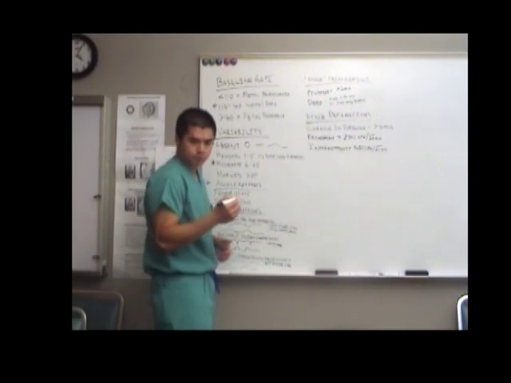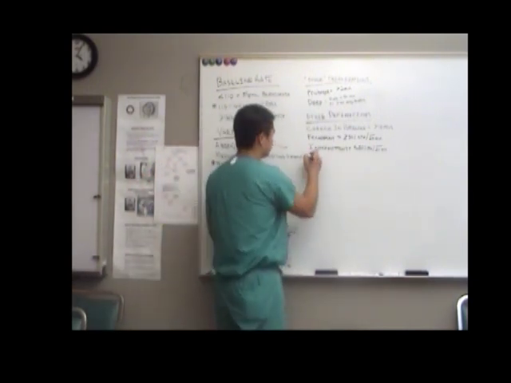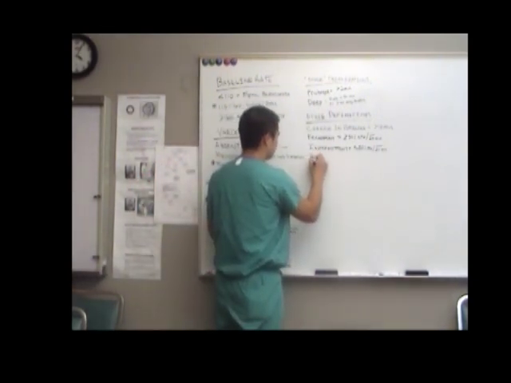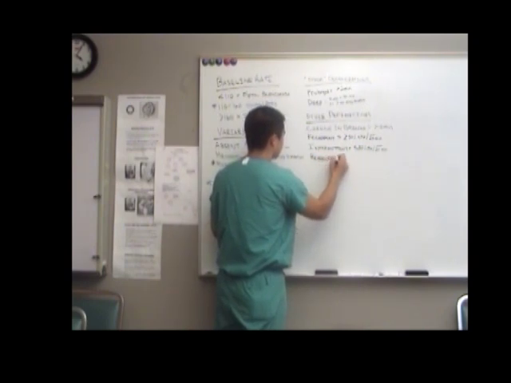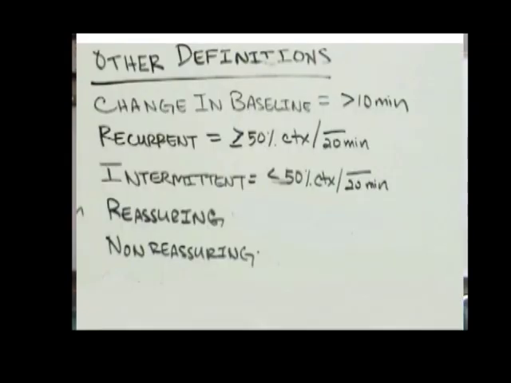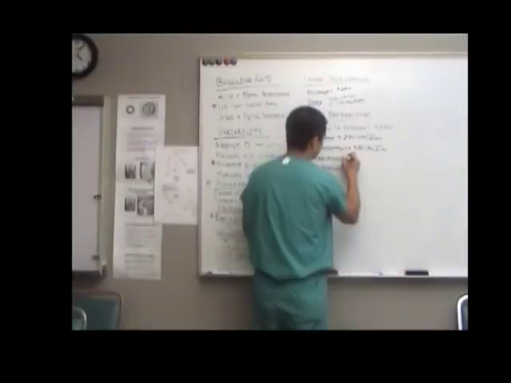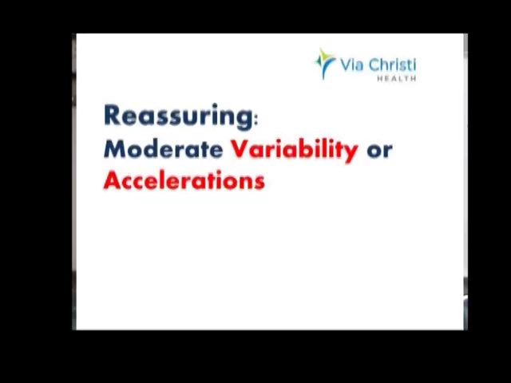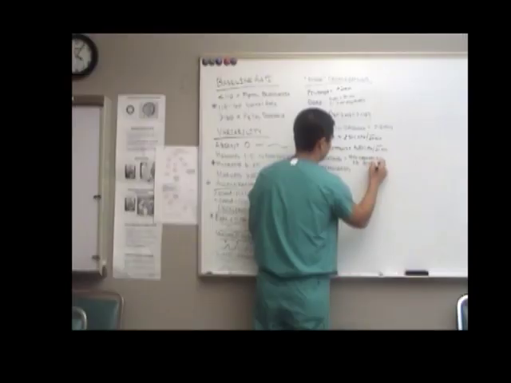The other 2 definitions are reassuring and non-reassuring. Reassuring is another term you might hear thrown around a little bit, especially with students and new interns. Reassuring is defined by 2 things: the presence of moderate variability or accelerations.